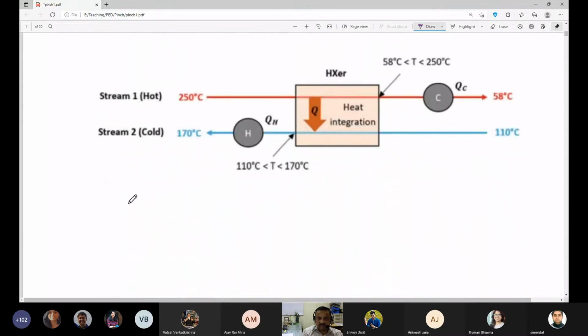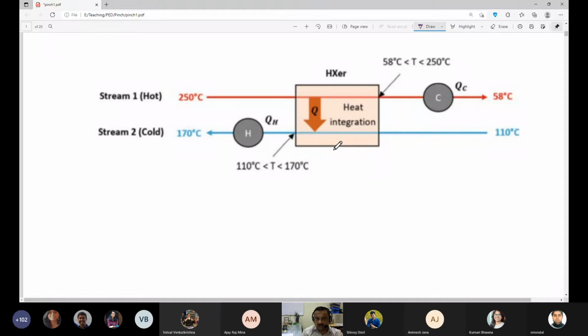Suppose I have a hot stream available at 250 degrees centigrade, and the cold stream available at 110 degrees centigrade, and we can exchange the heat. So this process is known as heat integration. We are exchanging the heat of two process fluids.